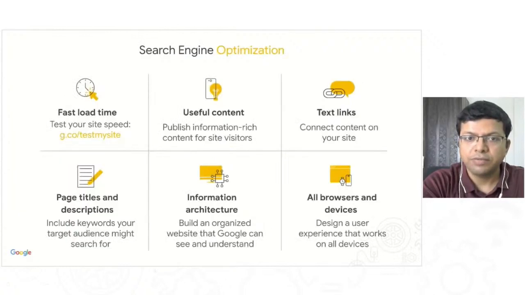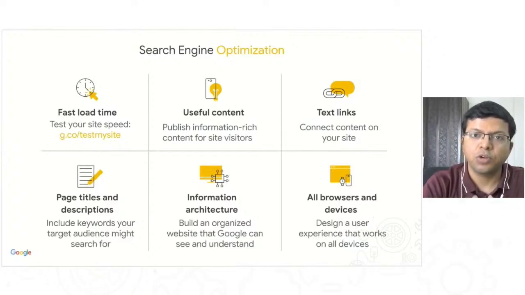So how can you achieve search engine optimization? There are broadly six things that you should do. First, as we talked about, load time is important, not only for conversion, but also for search ranking. Second, you should think about putting useful content on your website. Third, you should interlink your website.